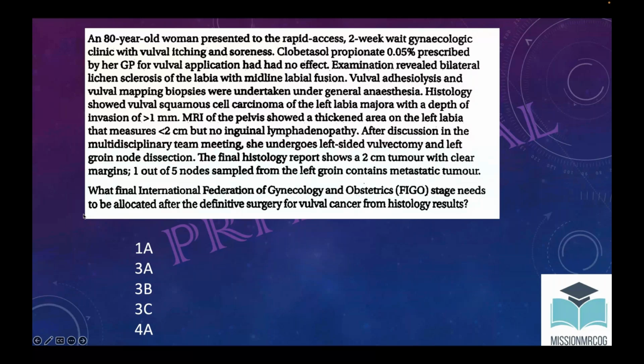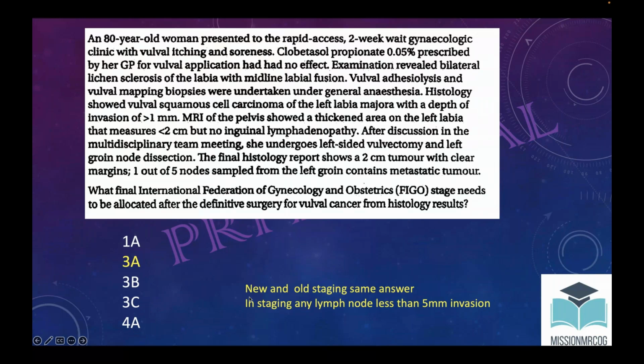So what is the stage? It might be 3A, 3B, ma'am. They didn't mention the lymph node size. If more than 5 mm, it is 3B. Yes. So involvement of any lymph node. So it will be 3.